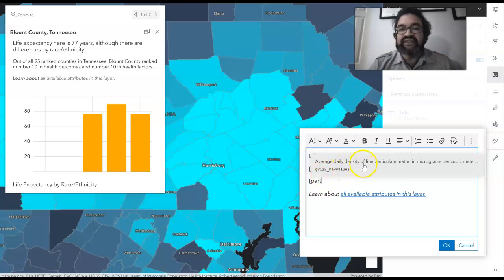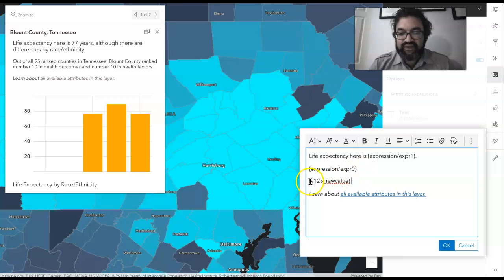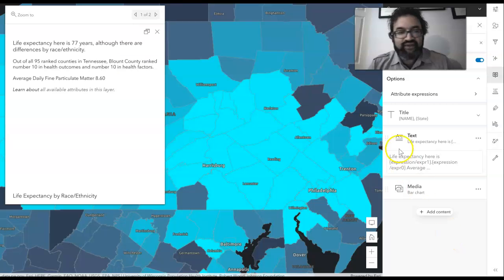An average daily density of fine particulate matter in micrograms per cubic meter. So I'm just going to label this average daily fine particulate matter. Then hit OK, and now there you have it.